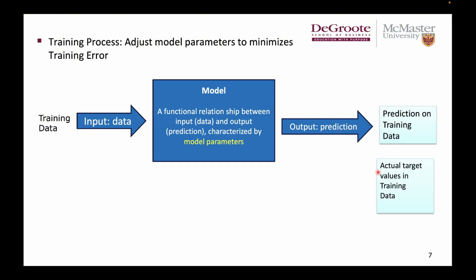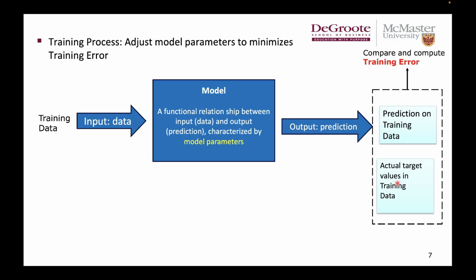However, for the training data, we actually observed the actual values in the target column, no show versus shows. That's what we already know for the training data. So we're going to compare the predictions made by the model on the training data and the actual outcomes in the training data. So what we are interested in for most predictive models is the gap.